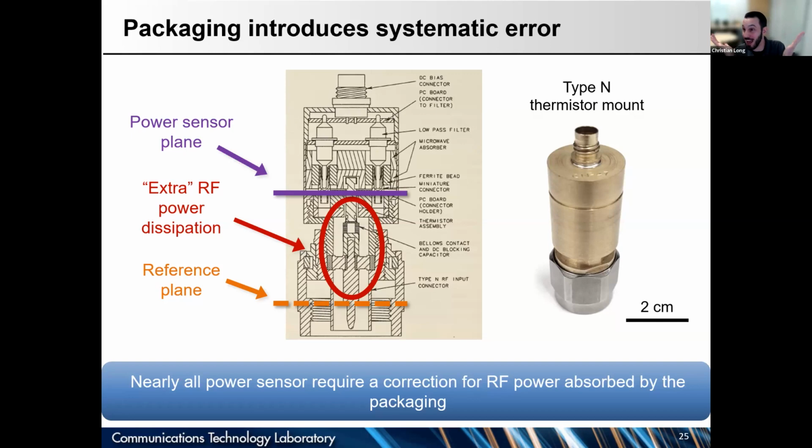It generally has to be there because the connector needs to be a single moded waveguide so that you can do a scattering parameter calibration. And this is sort of an unavoidable source of inaccuracy in packaged power sensors. But we can think of this not as a bug, but as a feature.